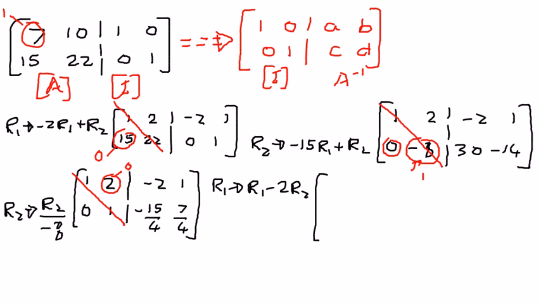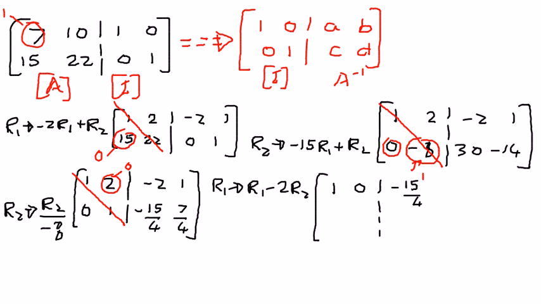When we do that, it's going to be as follows. 1 minus 2 times 0 will be 1. 2 minus 2 times 1 will be 0. We'll put the partition there. On the right hand side of the partition, we have negative 2 minus 2 times negative 15 over 4. When we simplify that, we get 11 over 2.